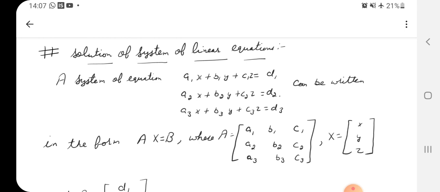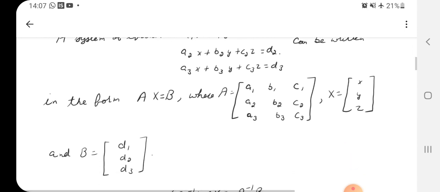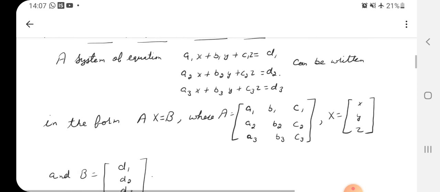A is the matrix of coefficients of the variables involved throughout the system: a1 b1 c1, a2 b2 c2, a3 b3 c3. X is the column matrix of variables, and B is the column matrix of the constants, that is d1, d2 and d3.